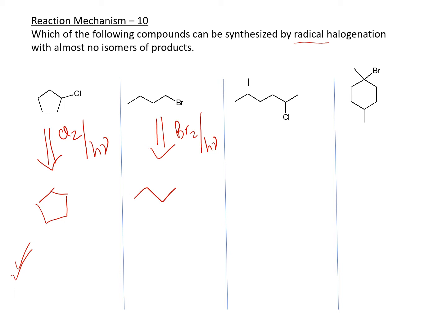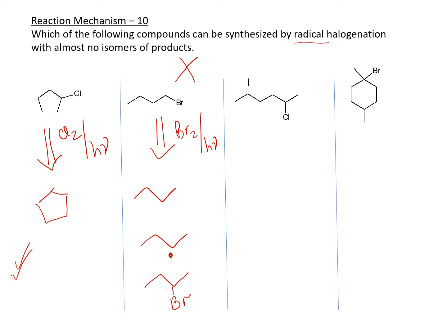The one intermediate that's possible is this radical, which means the product shown up there is probably not the more stable one. The more stable one that you're going to form is this one. So in this case you will not have only one product. You will have more than one product because you can have another stable radical here.